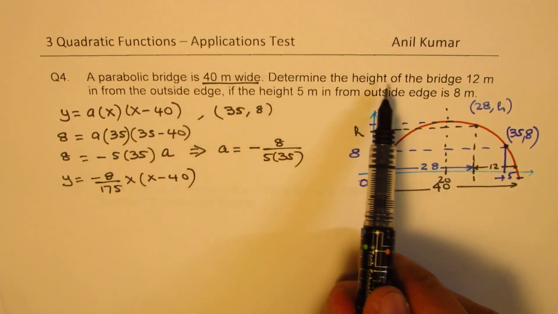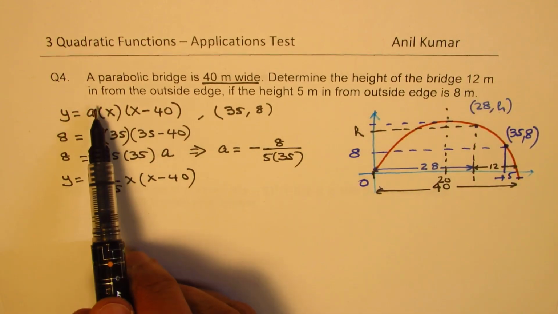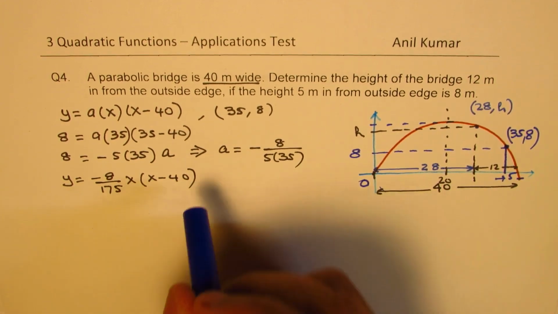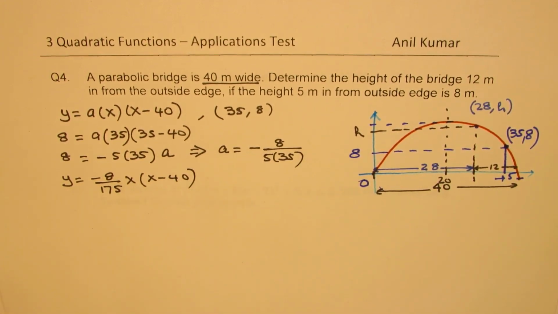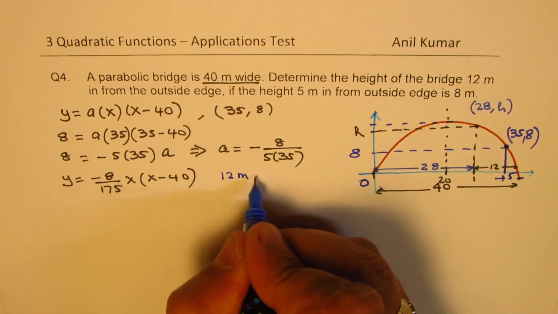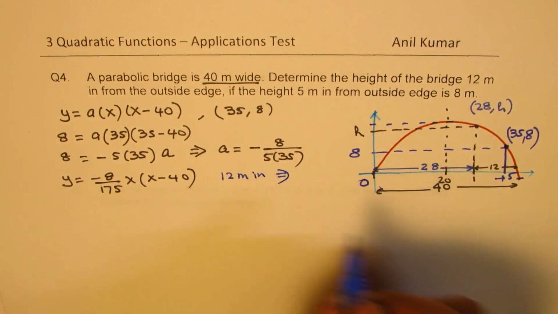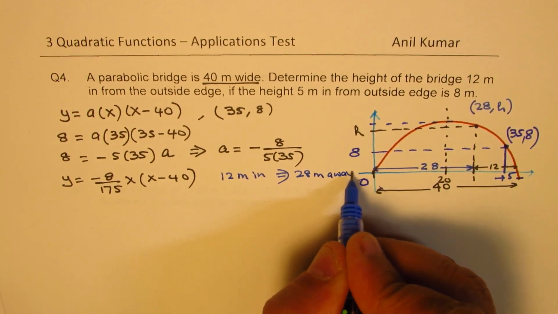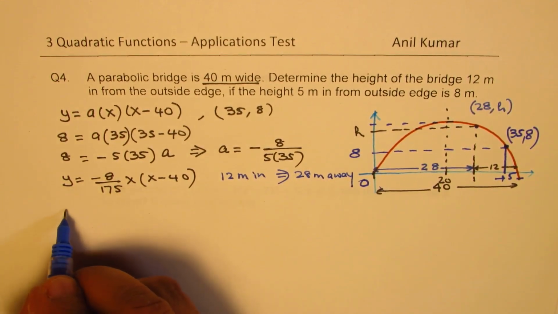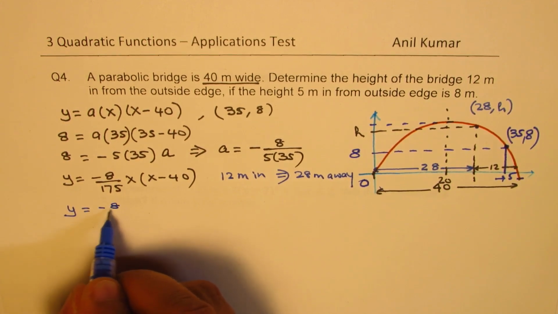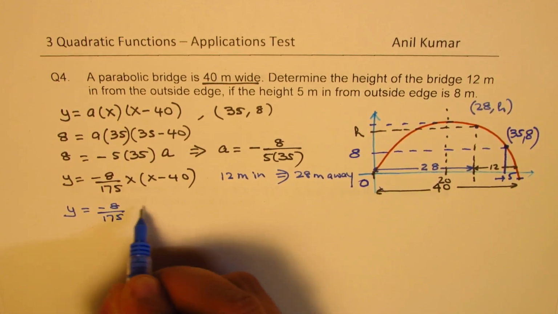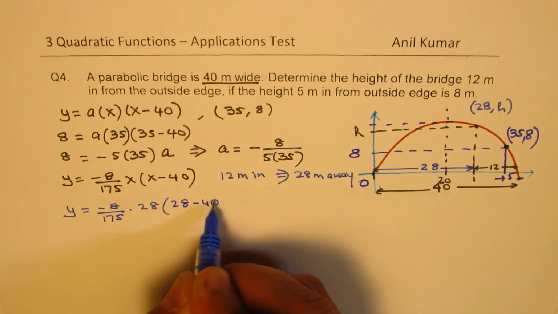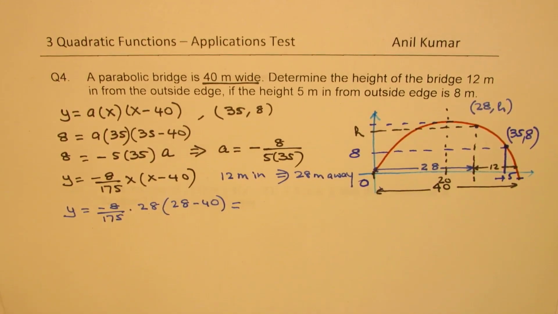Now we want to find the height of the bridge 12 meters in from the outside. So 12 meters in means what? 12 meters in means, as we have shown, 28 meters away. So we'll substitute 28 here. So we get y equals minus 8 over 175 times 28 times 28 minus 40. And we'll calculate this value.